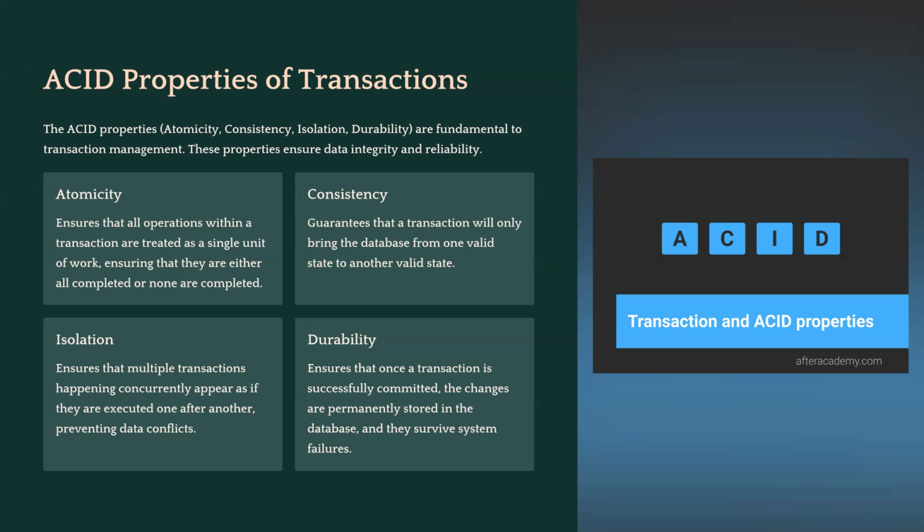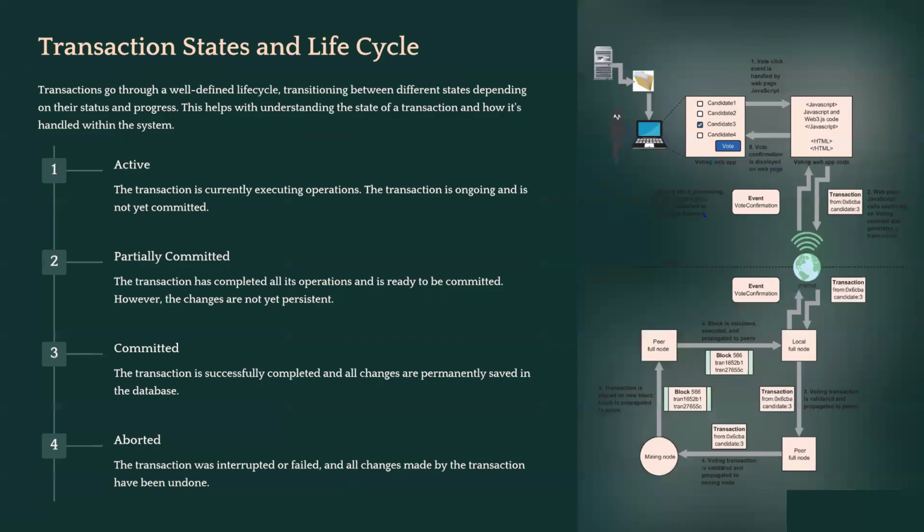Atomicity ensures that all operations within the transaction are treated as a single unit of work, either completed fully or not at all. Consistency means the amount would be consistent in the sender's account or receiver's account. Third is isolation, which ensures that multiple transactions happening simultaneously do not interfere. Fourth is durability, which ensures that once a transaction is successfully committed, the changes are permanently stored in the database and survive system failure.